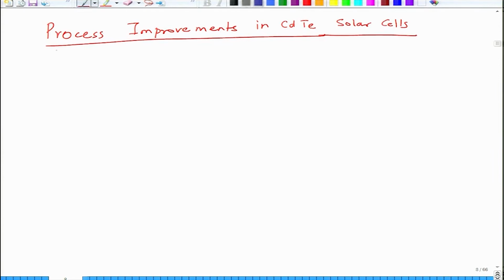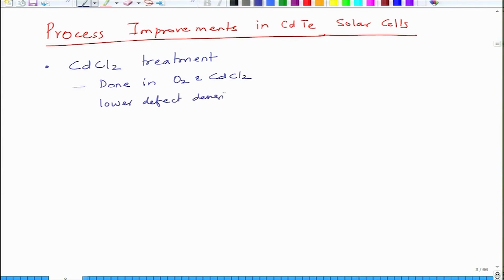The first thing one does is CdCl2 or cadmium chloride treatment. This is generally done in oxygen and CdCl2, cadmium chloride presence, and this leads to lower defect density. So chlorine doping of films is useful. So basically you dope the chlorine in it.